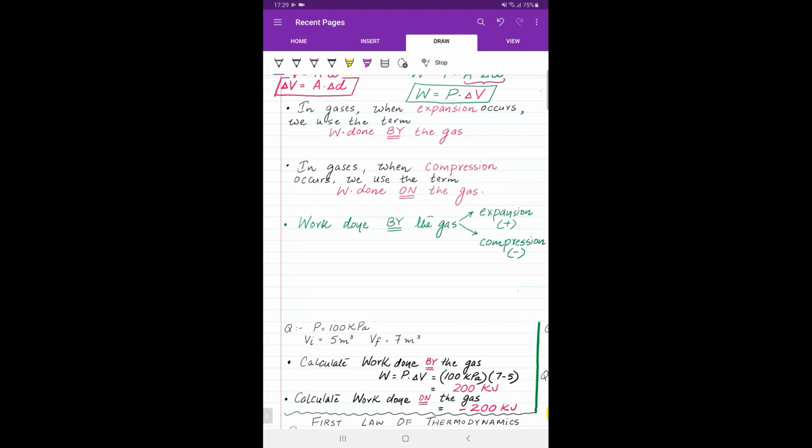And similarly, for situation where work is done on the gas, तो इस केस के अंदर expansion should rather now be classified as a negative entity, and compression must now be treated with a positive sign.